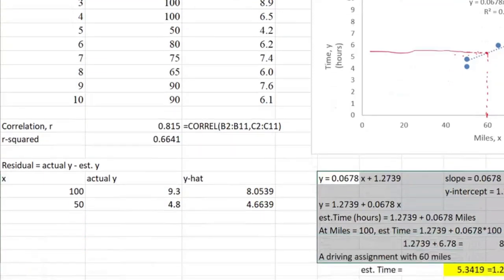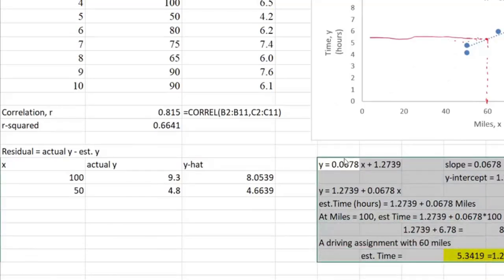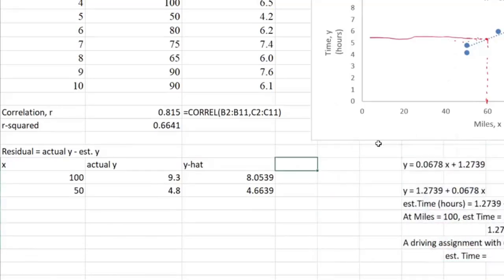Let's talk about the residual. Here it is actual minus y hat. So I'll go 9.3 minus 8.0539, and then 4.8 minus 4.6639.